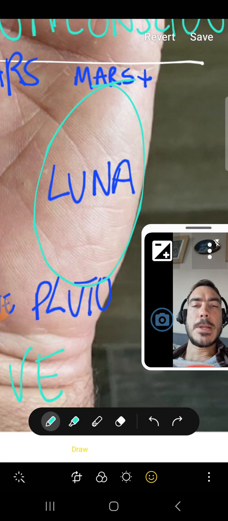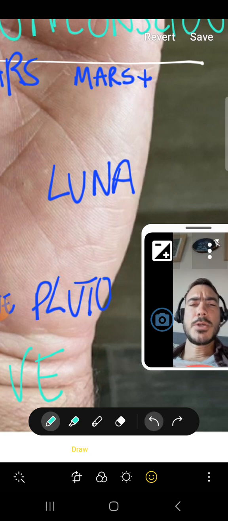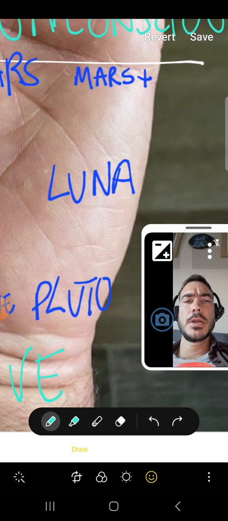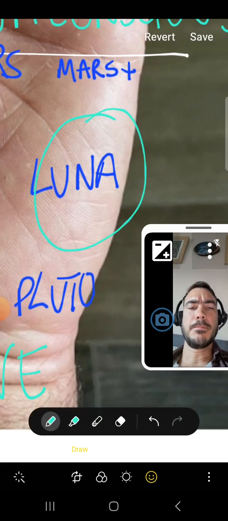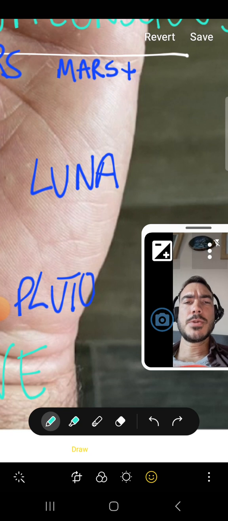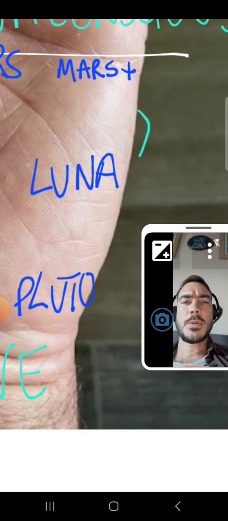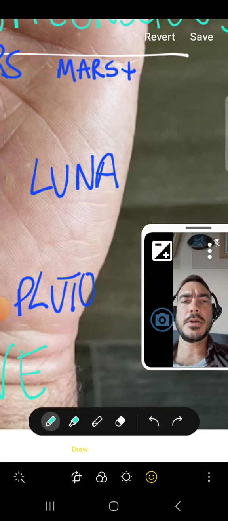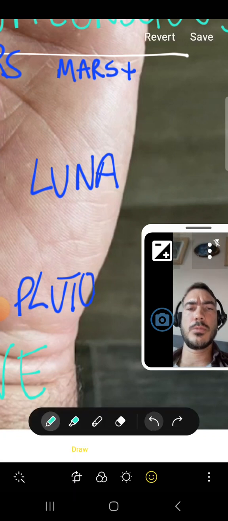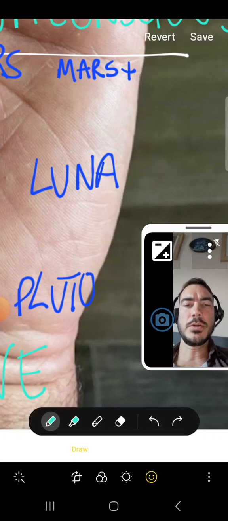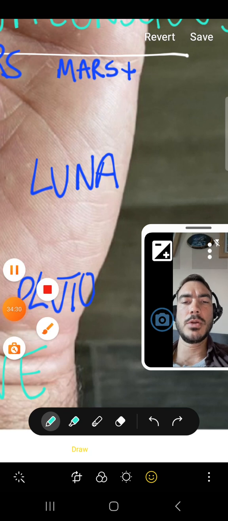Luna's quite a big mount, and sometimes you'll find someone with part of their lunar mount, one side of the hand, or one segment of Luna, just a little bit more raised than another.